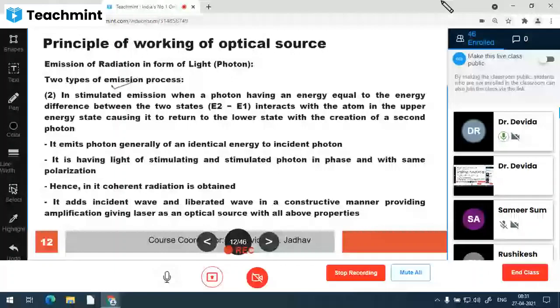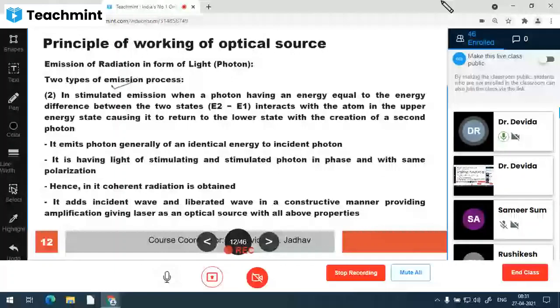In stimulated emission, when a photon has energy equal to the energy difference between two states, there is an atom having energy states E2 and E1, and the band gap energy is E2 minus E1. An external photon with the same energy as the band gap energy of the atom interacts with the atom. And then that photon interacts with the atom.